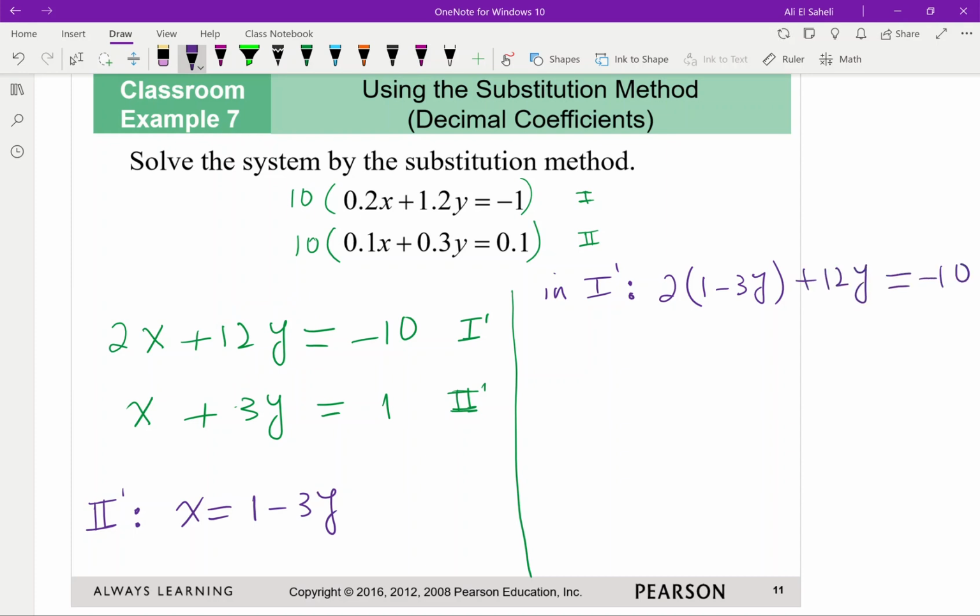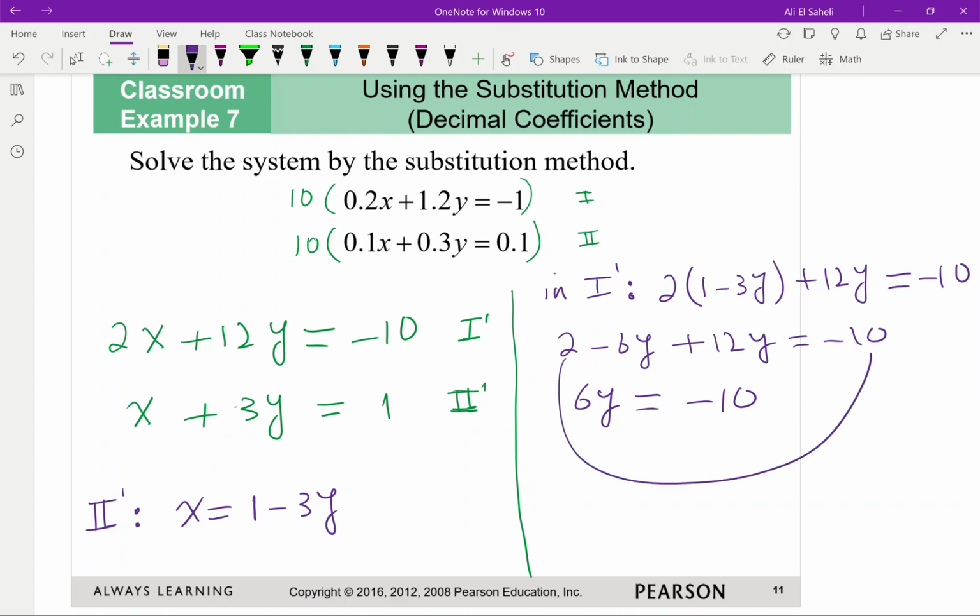So now we have an equation with only one variable. Expand. Minus 6y plus 12y is 6y. Minus 10, take the 2 to the other side, becomes minus 2. So minus 10 minus 2 is minus 12, which means y is minus 2.